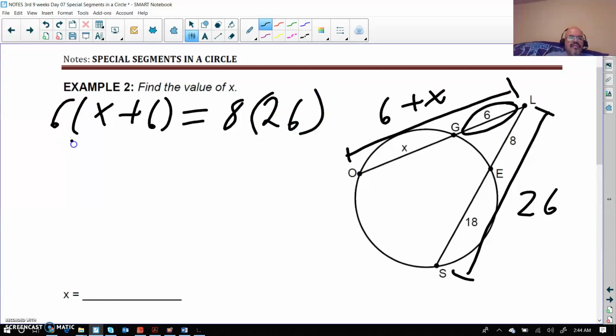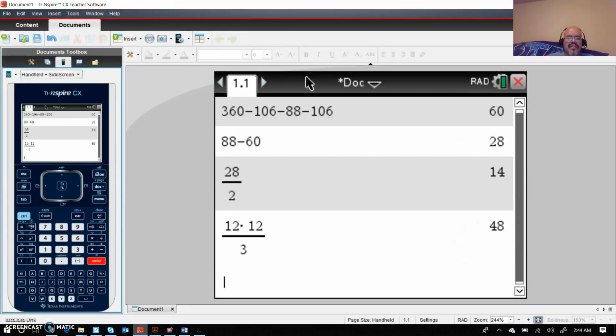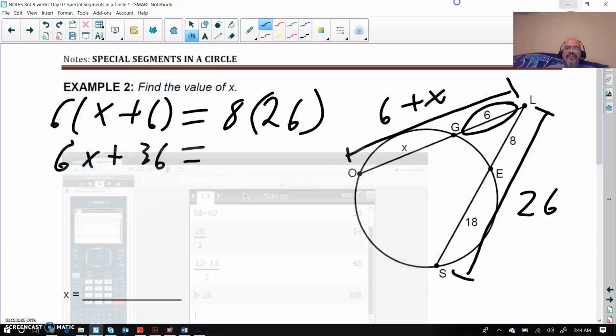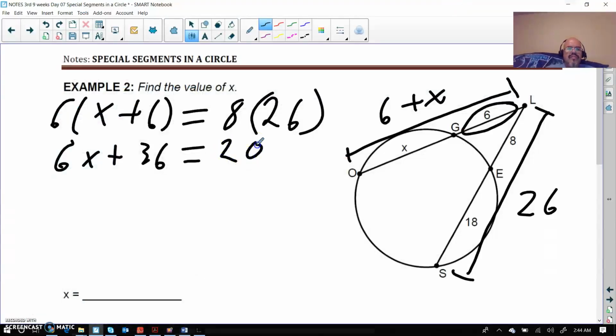Then you can do the math. 6 times 6 is 36, which is equal to 8 times 26, that's 208. Then we subtract 36 from both sides.